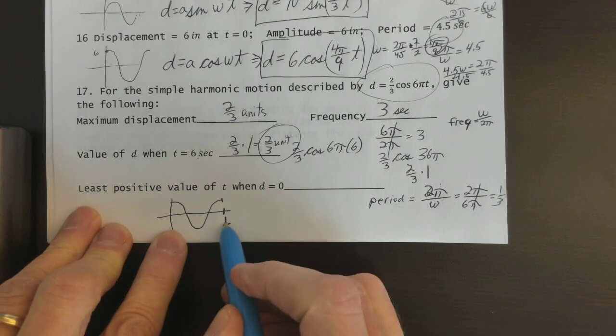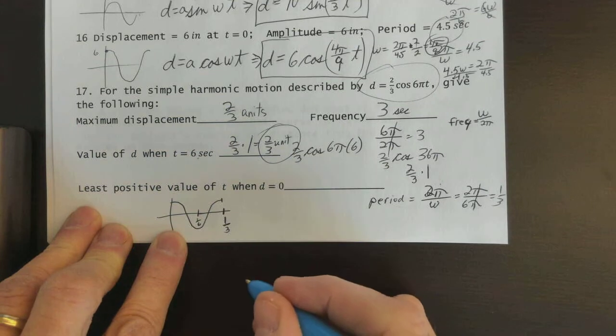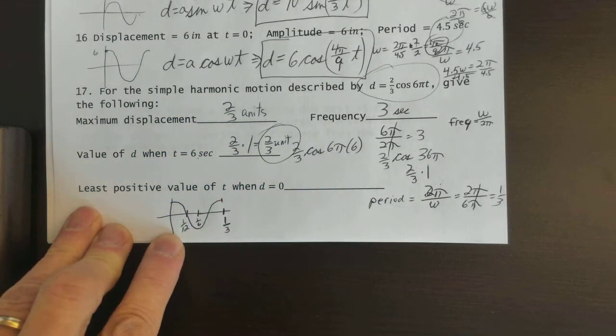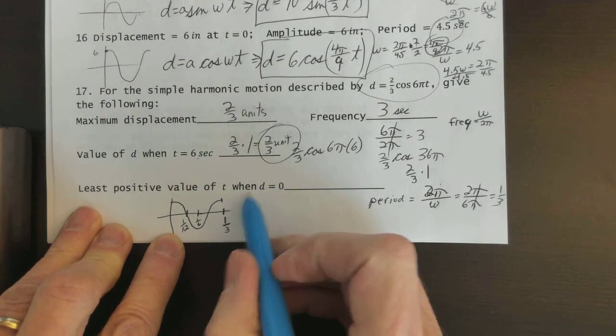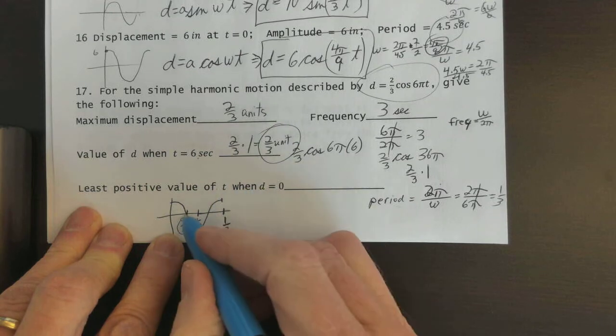That's 1/3 of a second. Half of that is 1/6 of a second. Half of that is 1/12 of a second. And that's our answer. This is the first time, the least positive value of t when d is 0.